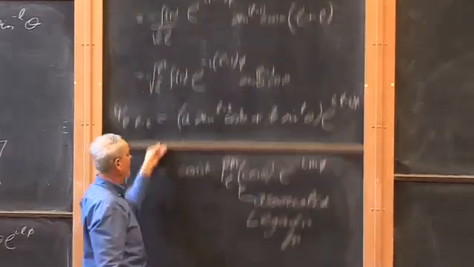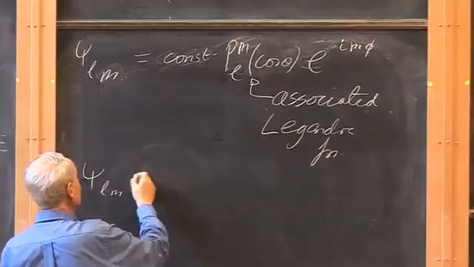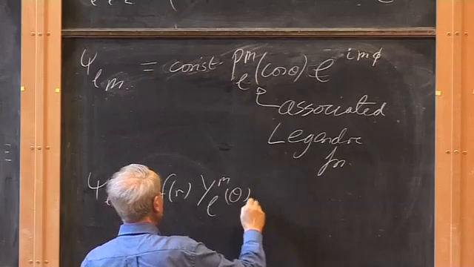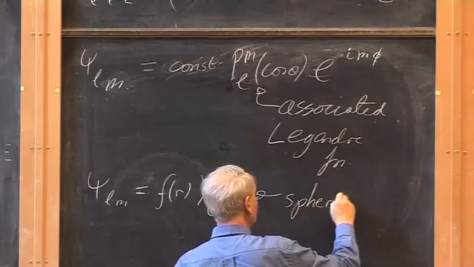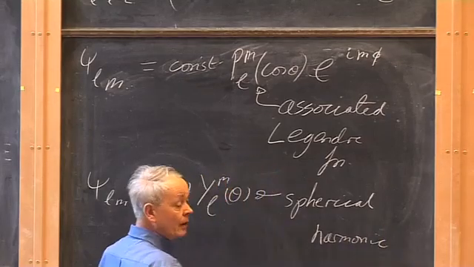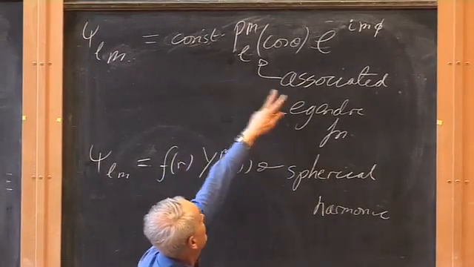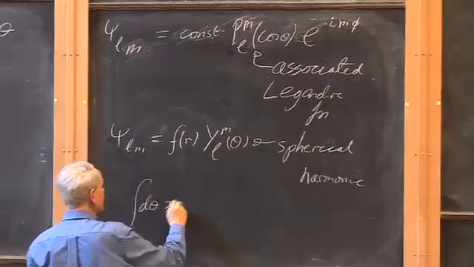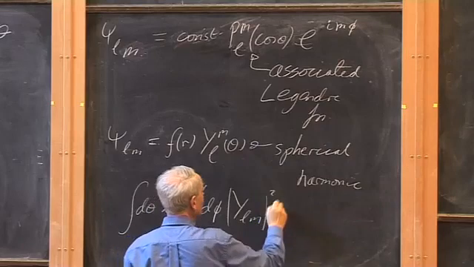How do we normalize this traditionally? What we do is we say psi Lm is equal to some function of radius, to be discussed, times Y Lm of theta, where the spherical harmonic is a multiple of PLM times e to the I m phi, normalized so that if you integrate d theta sine theta d phi over the sphere of YLM mod squared, you get precisely 1.